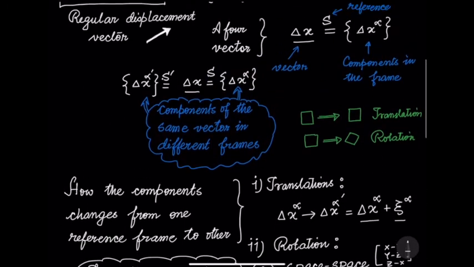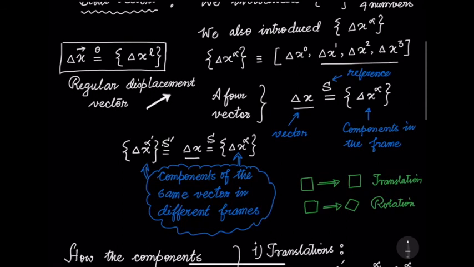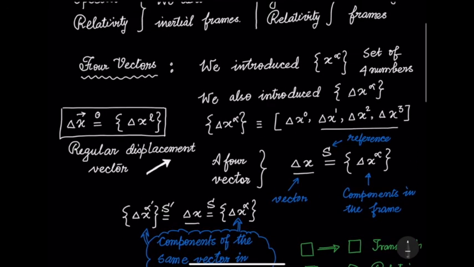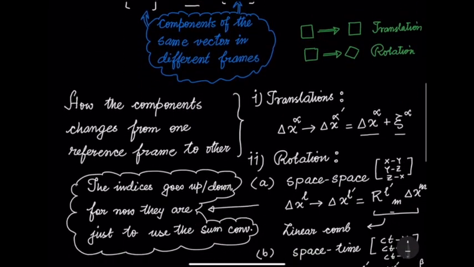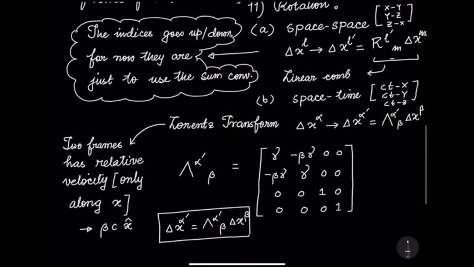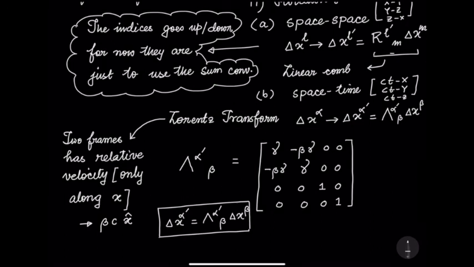Well, when we defined the vector for a 3-vector, this is essentially a regular displacement vector, right? This vector we have been talking about is also a displacement vector, but in 4 dimensions. So delta x is a displacement vector in 4 dimensions.